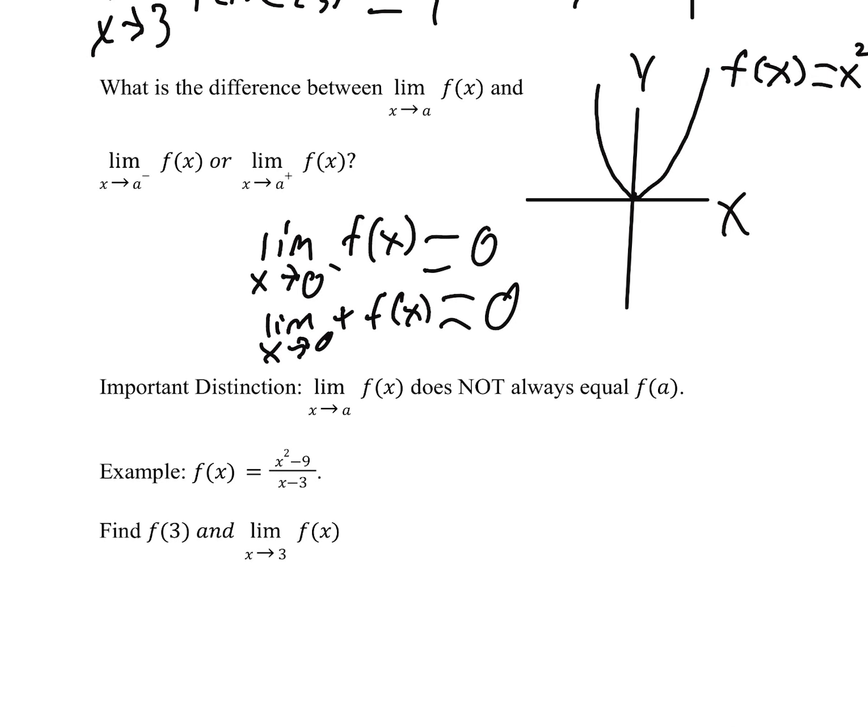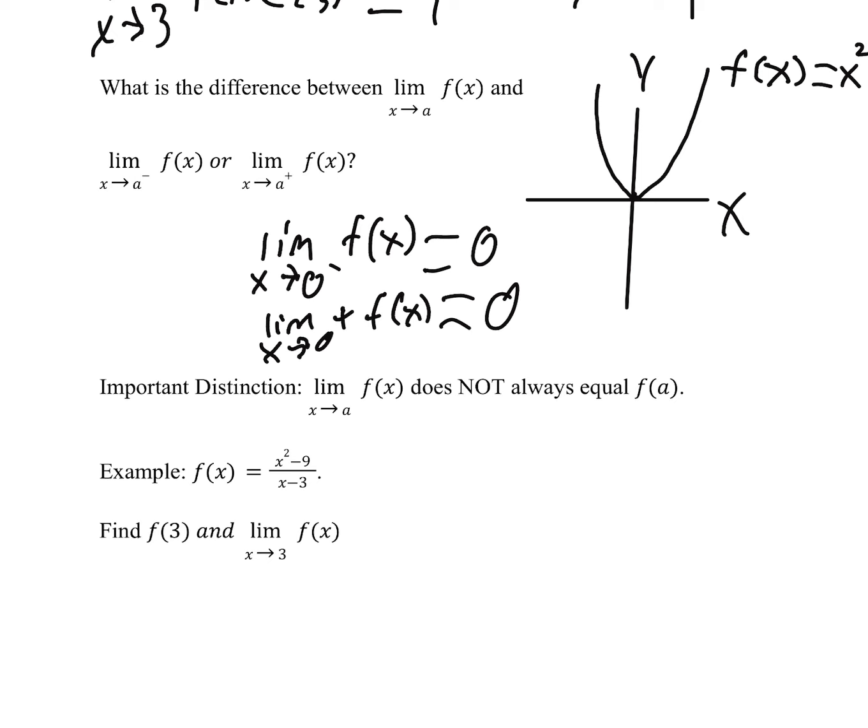Okay, now to end the video, an important distinction I want to make is the limit as x goes to a, where a is just some constant, of f of x does not always equal f of a. So we talked about that direct substitution method, where maybe we can just plug in the a value right here, but you can't always do that.